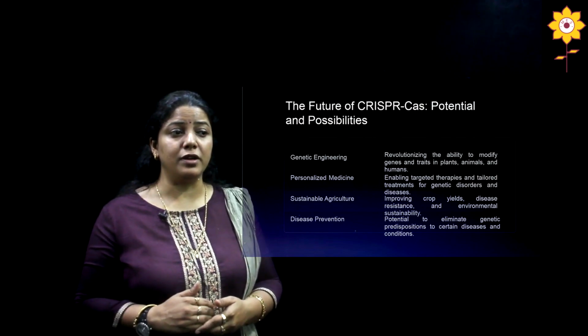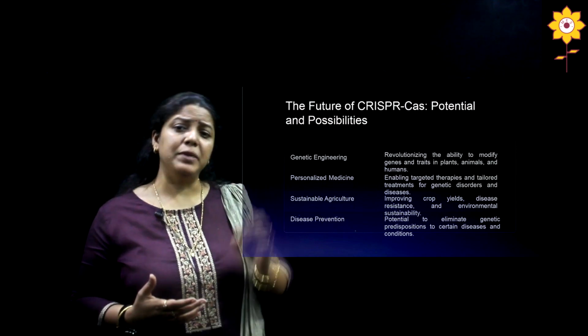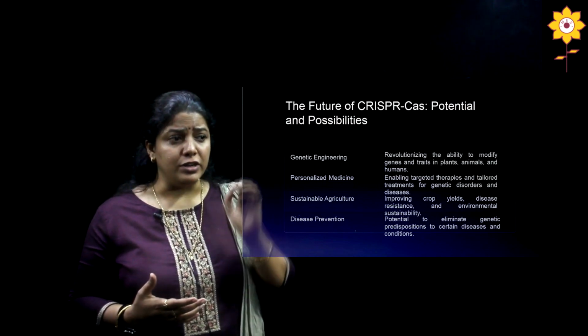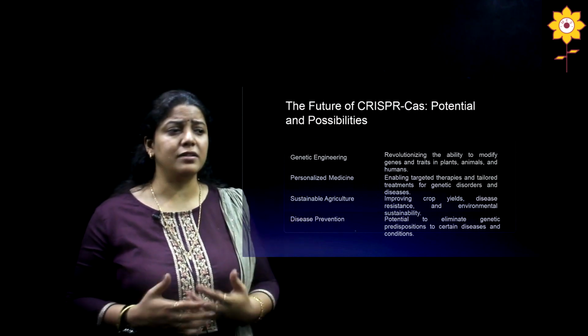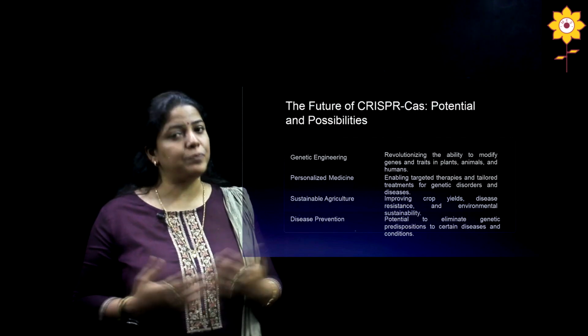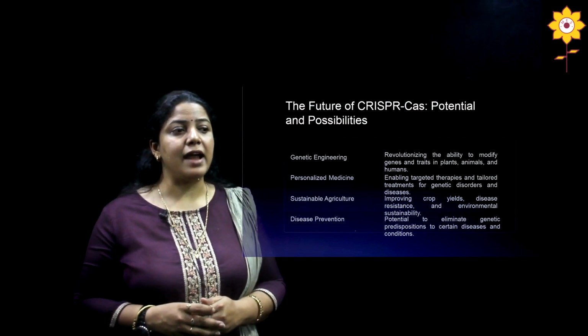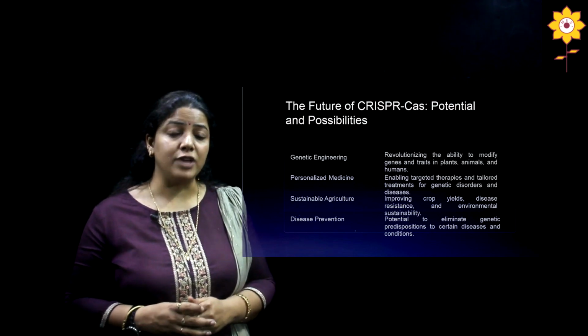For sustainable agriculture production, we can improve crop yield and develop resistance to diseases as well as drought resistance or any other changes that you want to make, and improve nutritional quality. For disease prevention, I have already given the example of HIV.